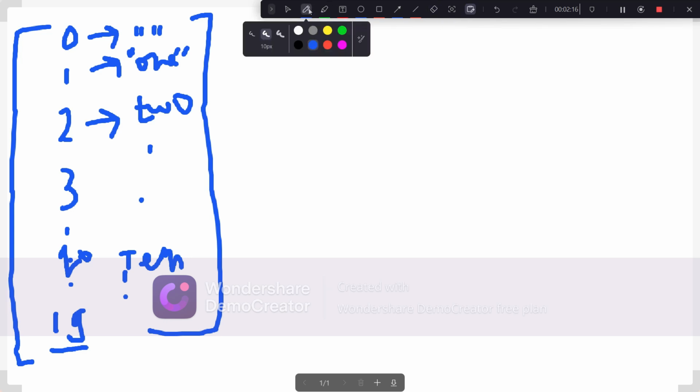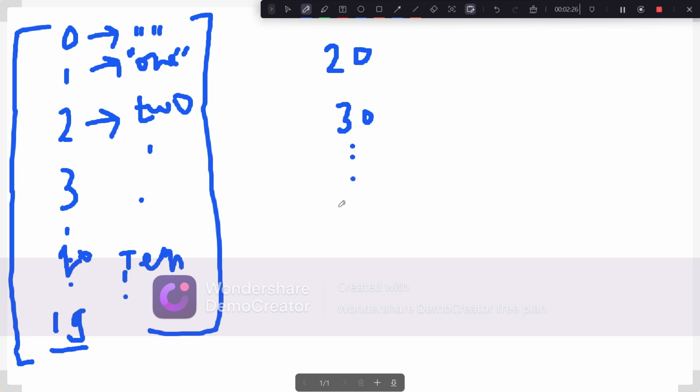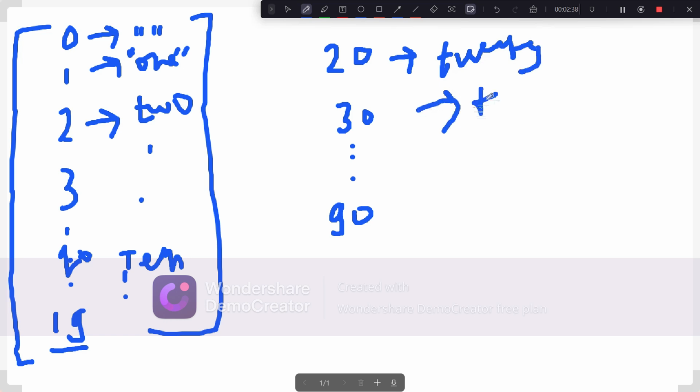Starting from 20, then we have 30, and like this we would have till 90. We would be storing in this array, for this one we would store "twenty", similarly "thirty", and so on till 90. So we would have these two arrays.